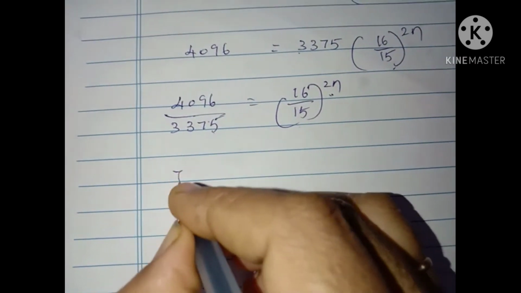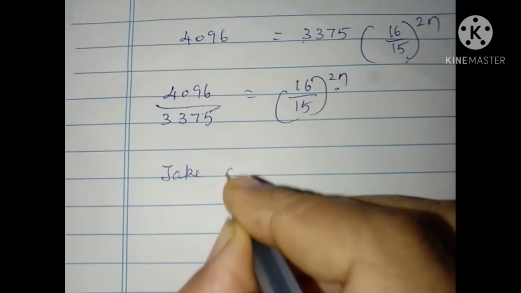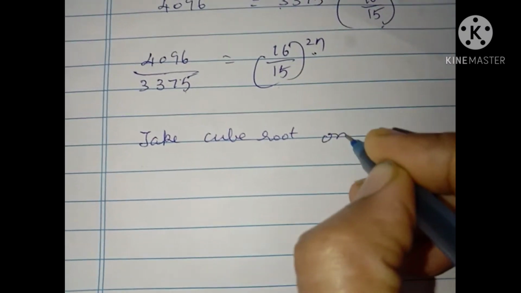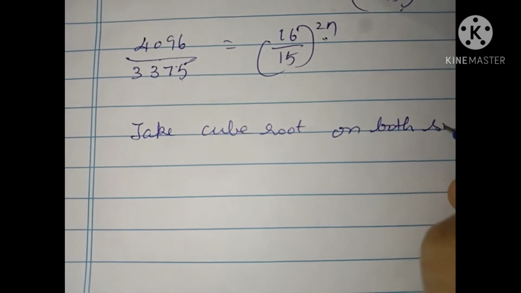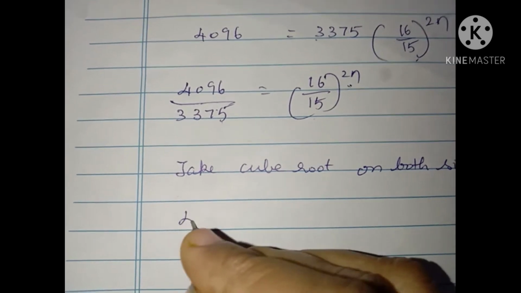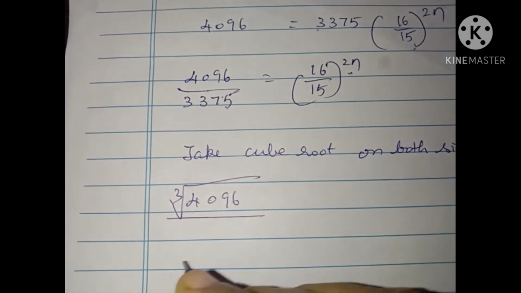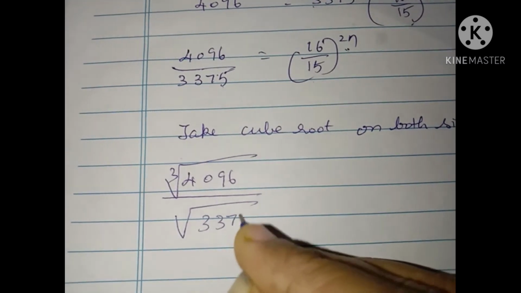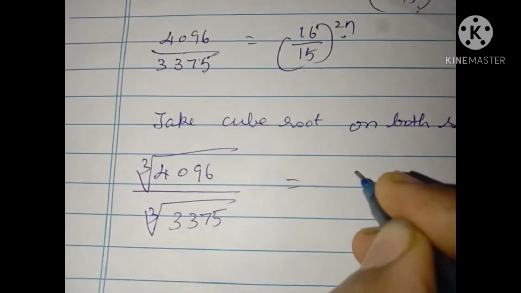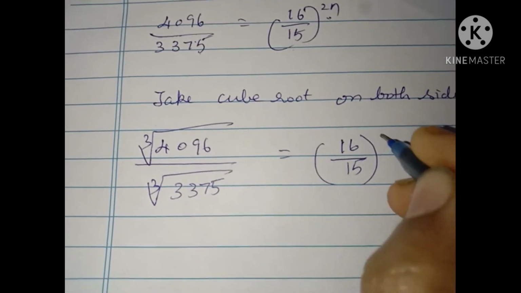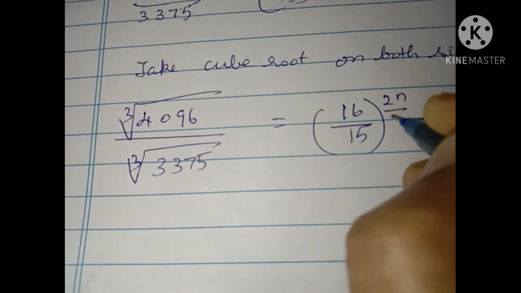Therefore, take the cube root on both sides. 4096 by 3375, you have to take the cube root, and then 16/15 the whole power 2n by 3.